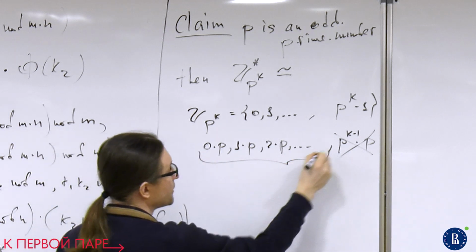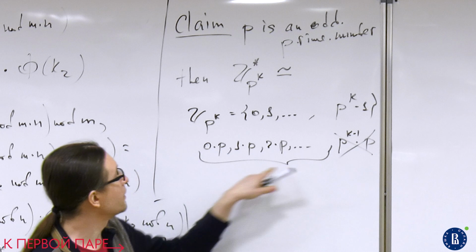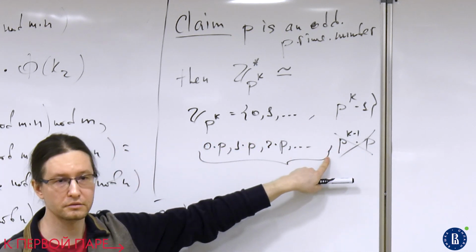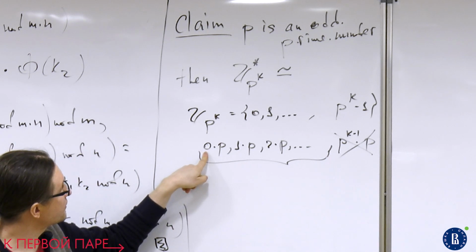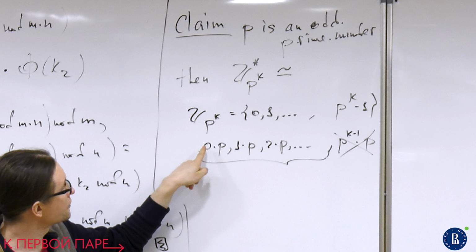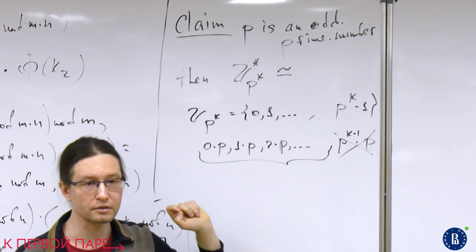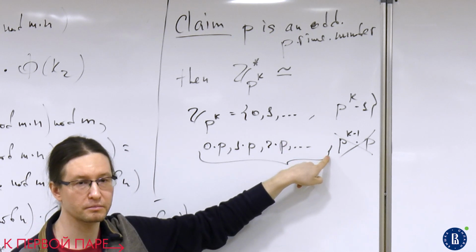So all the elements that are smaller than p to the k and are not coprime with p are listed here. And how many elements are there? I start counting from 0, 0, 1, 2. So there are exactly p to the k minus 1 elements here, because here will be p to the k minus 1 times p.